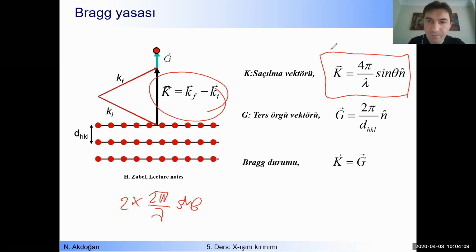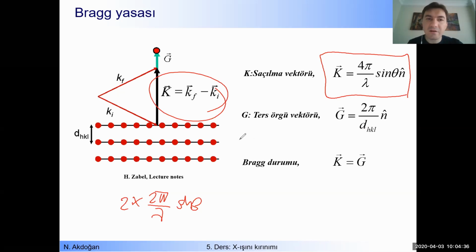And it gives us that formula for a scattering vector. And from the solid-state physics lectures, we know that the reciprocal lattice vector is given by 4 pi over d, times the unit vector n here. Here we have the subscript HKL. These are the Miller indices for the crystal surfaces. I will go into detail about this.